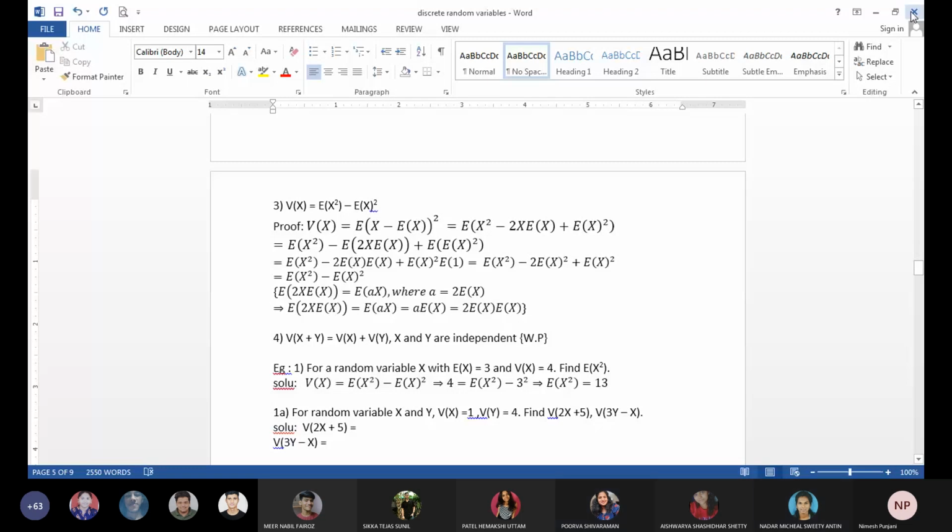So it is a square into variance of x. I will write it as 2 square into variance of x. That gives me 4. Good. Second, variance of 3y minus x.